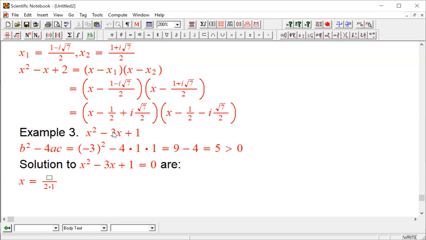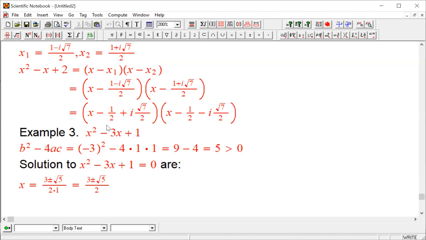B is negative 3, so negative b is 3. 3 plus or minus square root of 5. Okay, so you have two solutions as well, but these two solutions are real numbers.